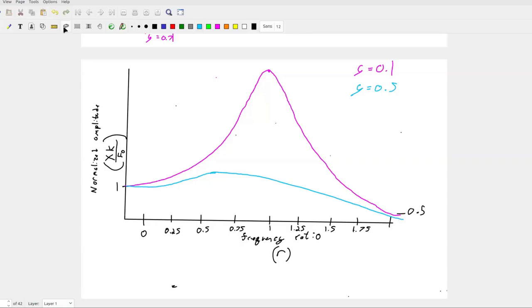That works pretty well, but actually maybe let's put one in between. Let's try a green. So zeta is equal to 0.25. And this one's going to have a peak of something like this.